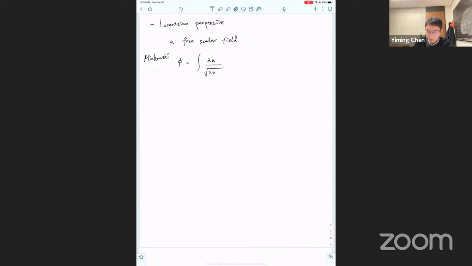Let me just focus on the two-dimensional case, because that's what I've written in the notes, but nothing really depends on it. It will be the omega, the frequency of the field, and you have the annihilation operator a_k of the scalar field phi with wave vector k times e to the minus i omega t plus i k x, plus a_k dagger e to the i omega t minus i k x.